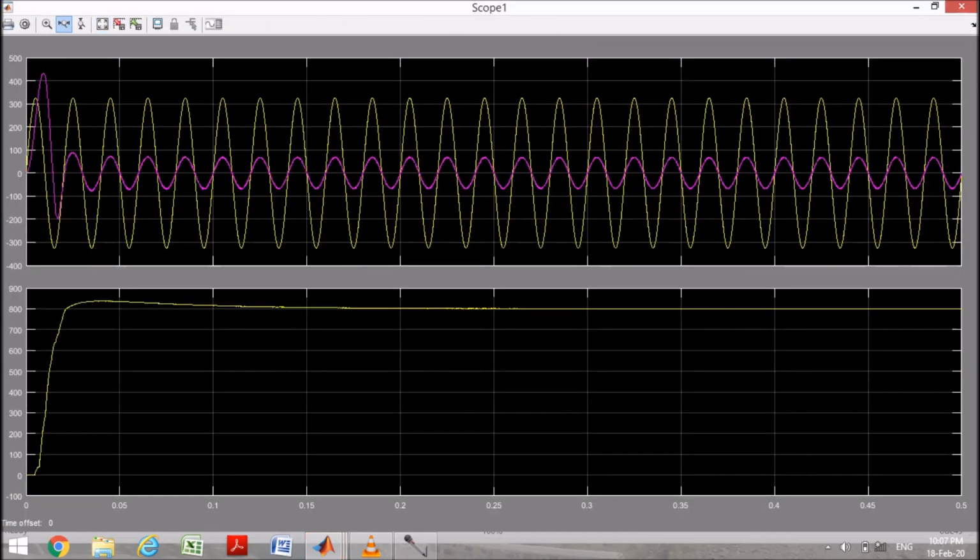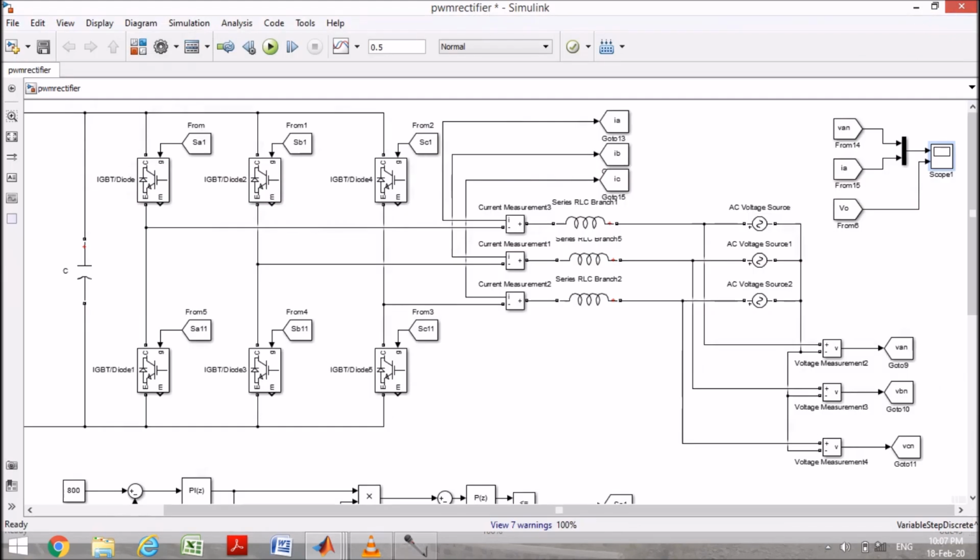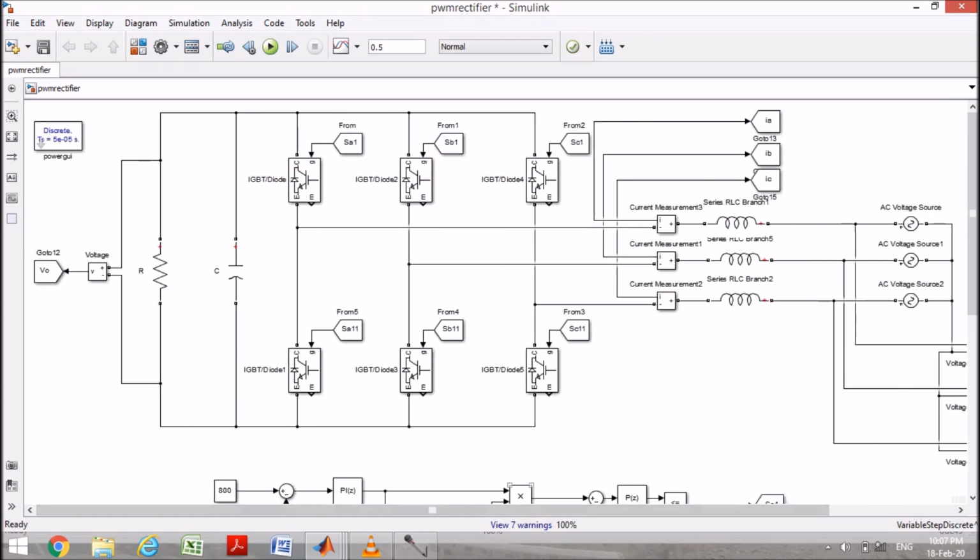Yes, it is tracking 800 volts exactly, and here the voltage and current VAN and IA are in phase. You can see VBN and IB, and you will get the same for VCN and IC, unity power factor. So this is a PWM rectifier or high power factor converter.